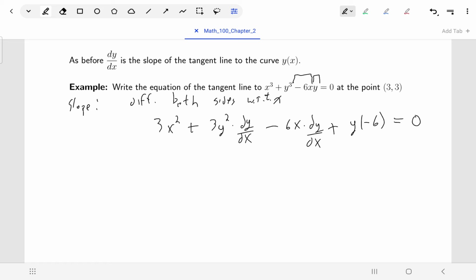Now, I'm not going to really bother to simplify this because we're going to find out what our derivative is at 3, 3. So really what I'm going to do next is just put in 3 for x and 3 for y, and that'll make things a little faster for me.